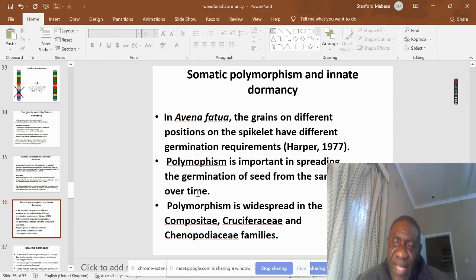So some have to escape these measures through this mechanism. Polymorphism is widespread in the composite, cruciferaceae and Chenopodiaceae families. These are the plant families where we get the weed species.